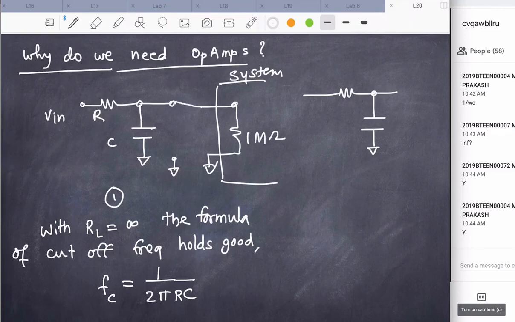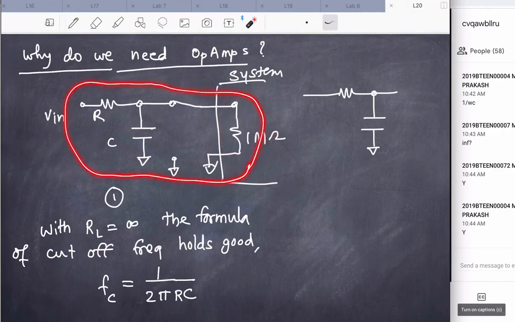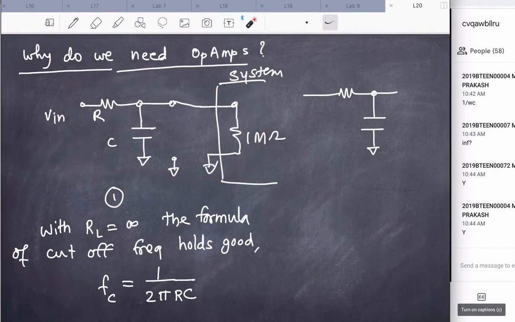This component will become part of the filter, and the filter characteristic, that is the cutoff frequency, will it remain same or will it change? Same or change? Change, yes.